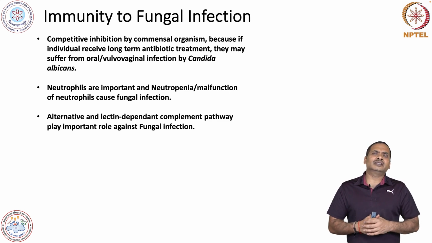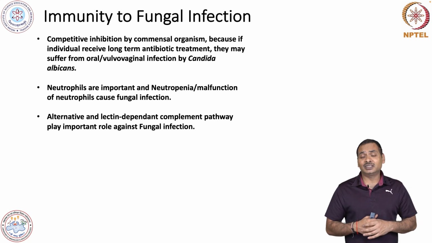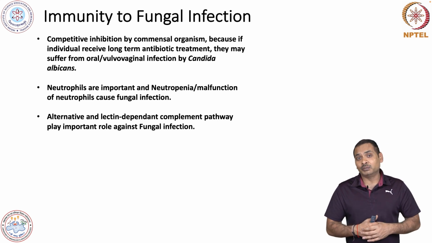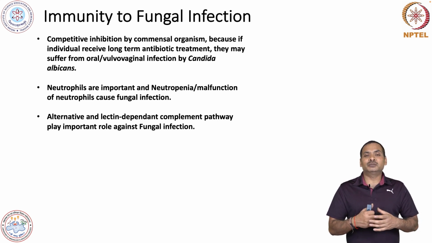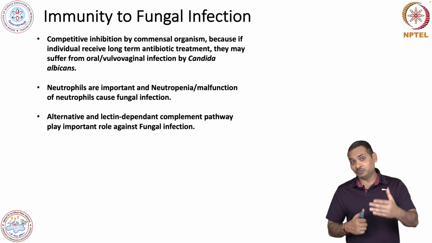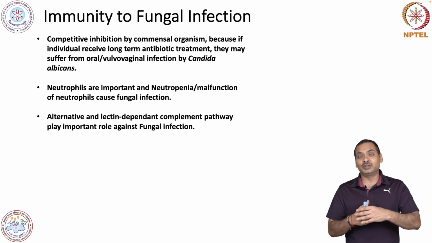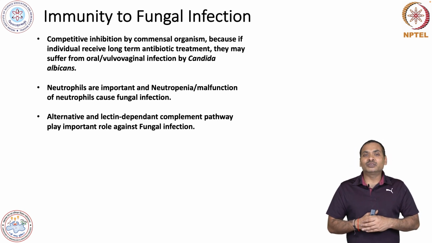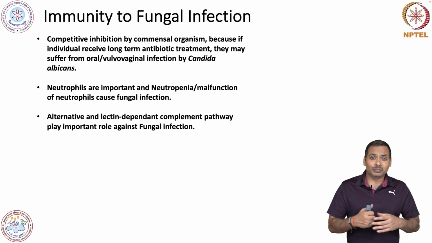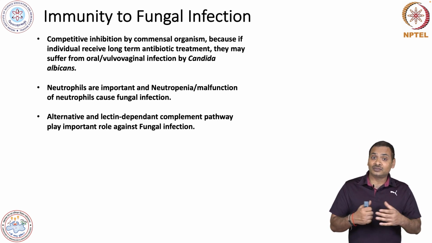Another is, you probably remember that there are various complement pathways. So among those complement pathways, if you remember, there is an alternative pathway and there is a lectin pathway. Okay, so these complement pathways are also playing a very important role against the fungal infection.